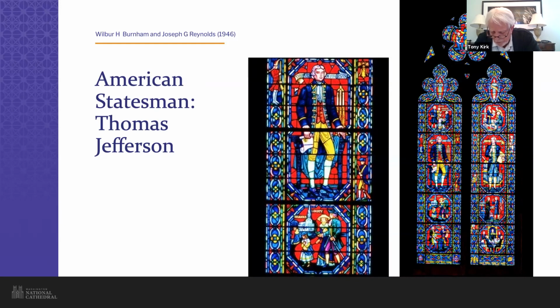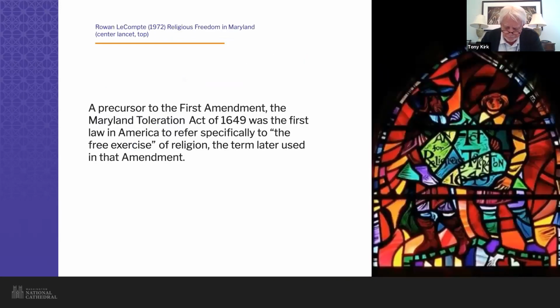In the close-up, we have his image and below a family attending church with the words, religious liberty. When Thomas Jefferson enshrined freedom of religion in our Constitution, he reached back into our colonial past for inspiration.